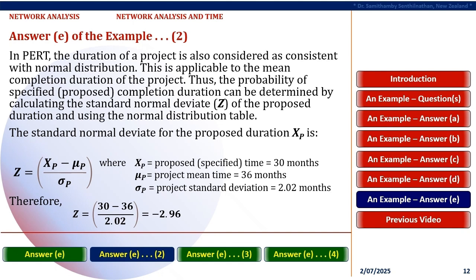As we know that the standard normal deviate z for the proposed duration xp is resultant of the difference between proposed completion duration xp and mean duration μp divided by the standard deviation sigma p of the project. In this case, proposed duration to complete the project xp equals 30, mean duration μp equals 36, and the standard deviation sigma p equals 2.02, thus resulting standard normal deviate z equals minus 2.96.